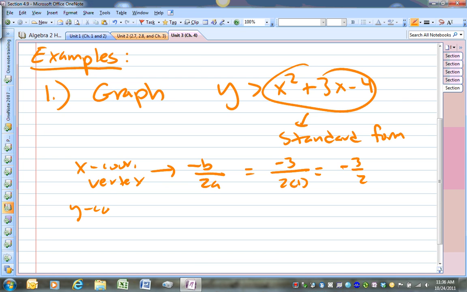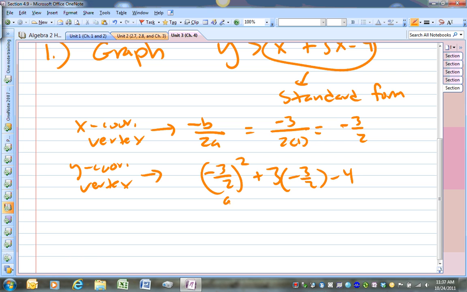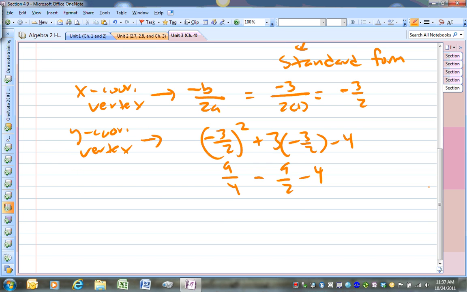Then to find the y-coordinate of the vertex, just plug it in. So it's just the same as before. Negative 3 halves squared plus 3 times negative 3 halves minus 4 will be 9 fourths minus 9 halves minus 4, which comes out to being what is that?